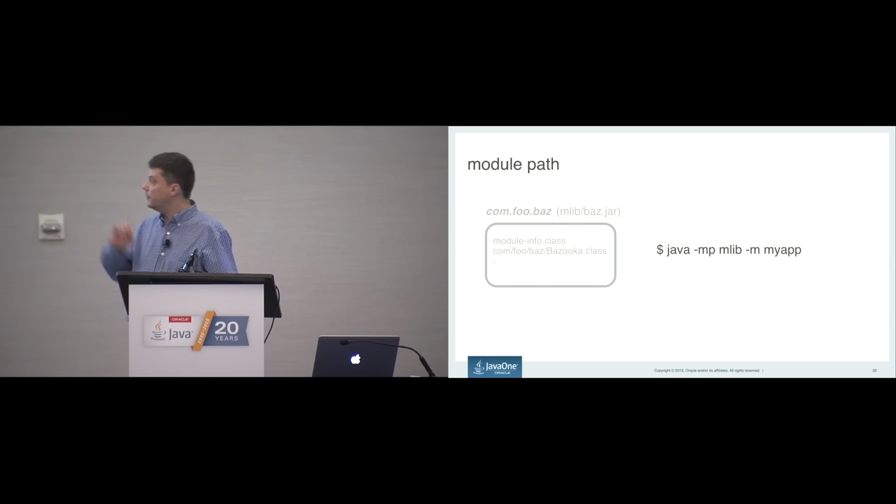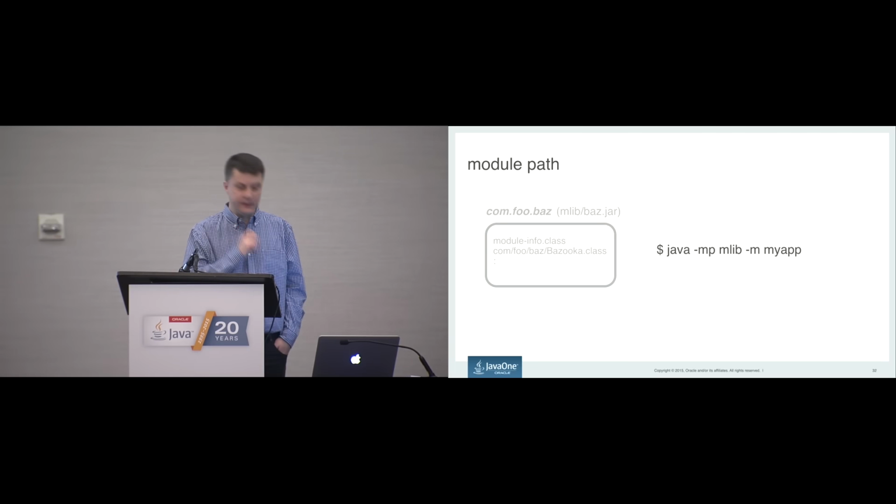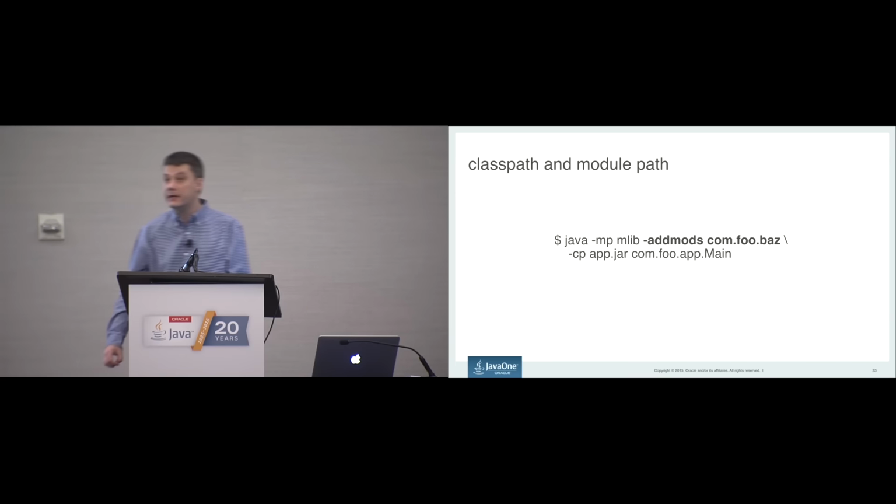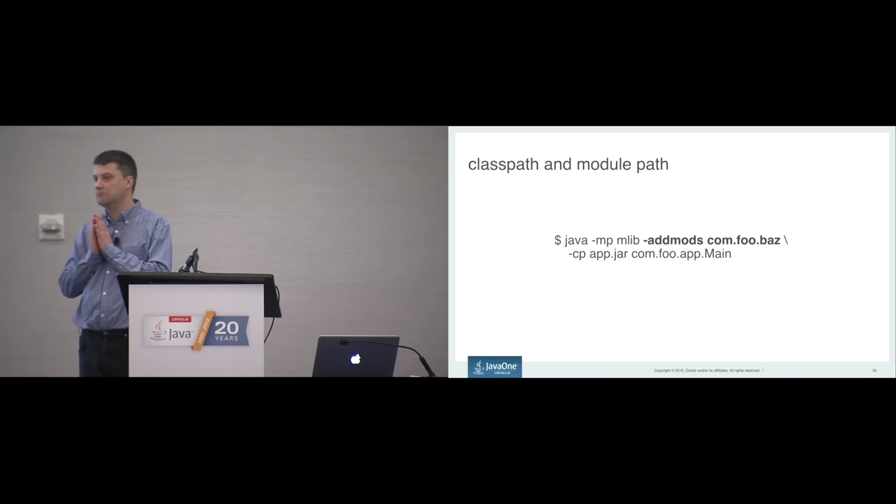So all of my libraries are now on the module path in this example. My Baz is being loaded as a library here, as is the main application and the other libraries. One other thing we can do, and this requires a little bit of a deep breath, is mix the class path and the module path.